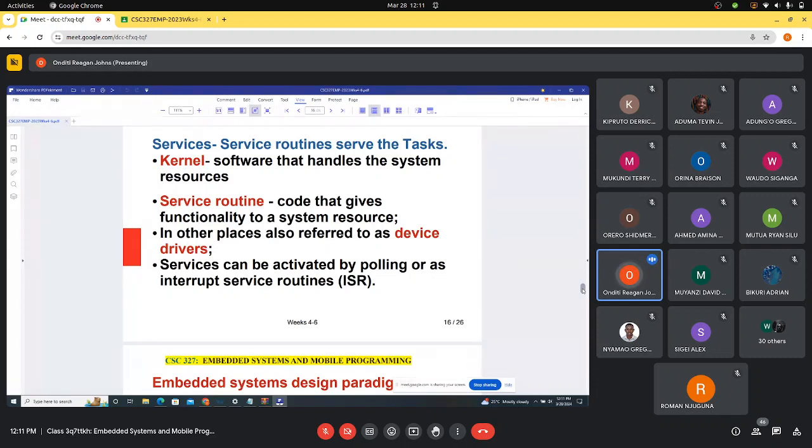In other places, they are also referred to as device drivers, or third-party software. You really need to understand what a service routine is when it comes to embedded systems: the code that gives functionality to a system resource.